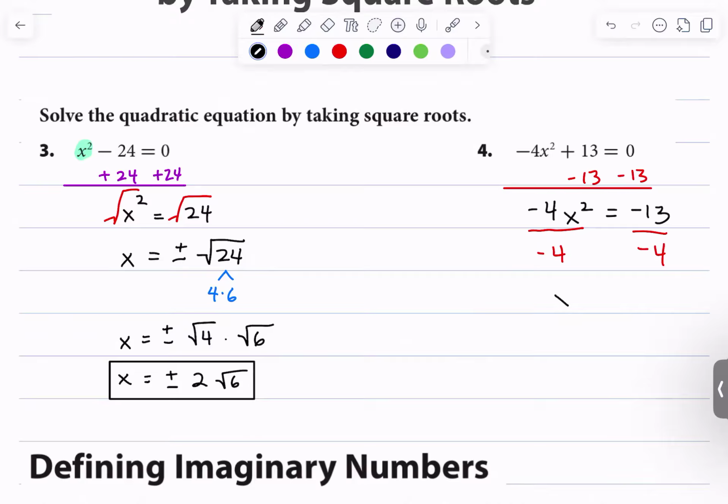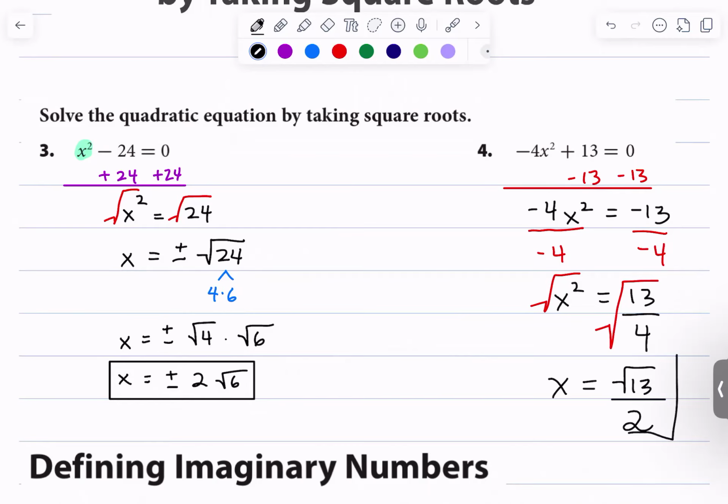So that takes me to x squared equals 13 over 4. And again, we're going to square root both sides. So that x is going to equal square root of 13 over square root of 4 equals 2. That's my answer, correct?